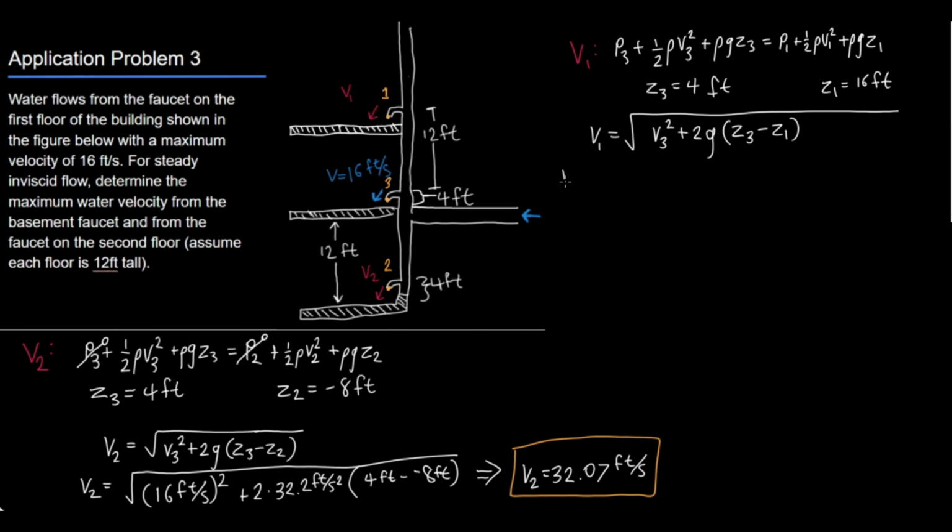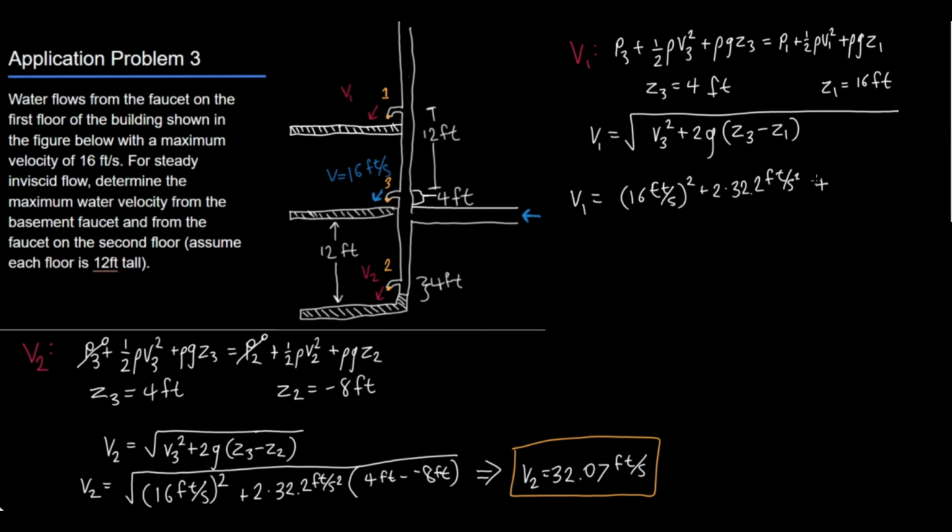So if we resolve that, V1 will be equal to, let's move this down because this is always going to take up a little more space than I think. V1 is equal to 16 feet per second, quantity squared plus 2 times 32.2 feet per second squared.